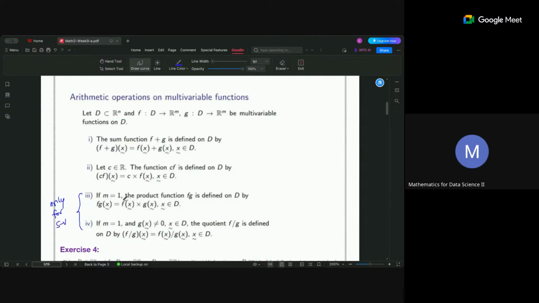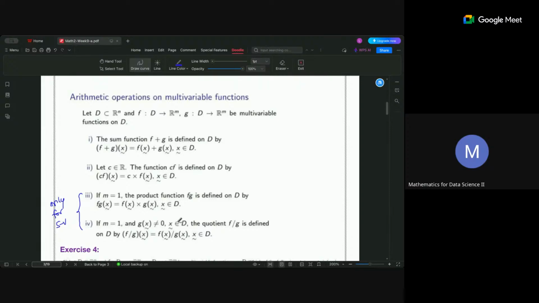Only then can you define the product function and quotient function. Otherwise, the product of two vectors and the division of two vectors is not defined. And note that for the quotient, you need the denominator to be non-zero for all the entries of your domain.